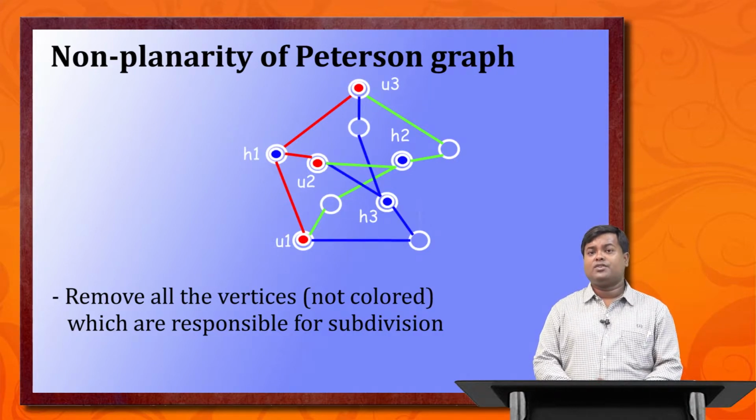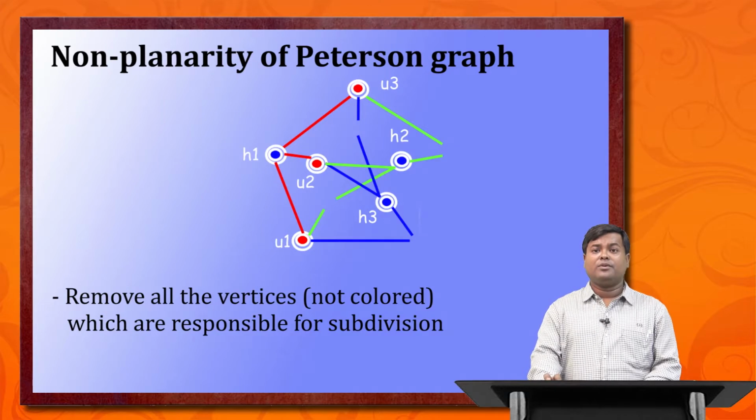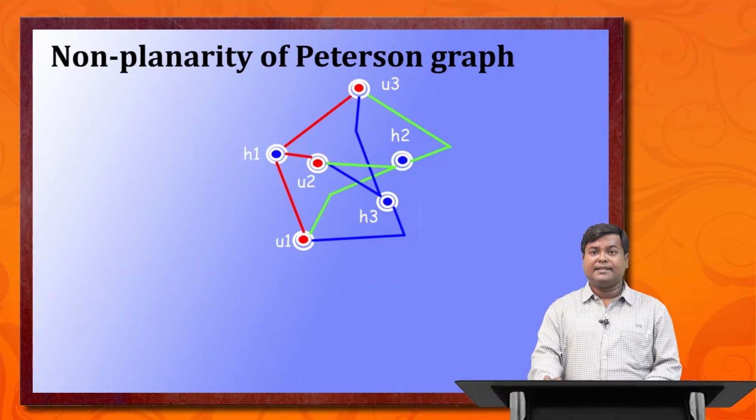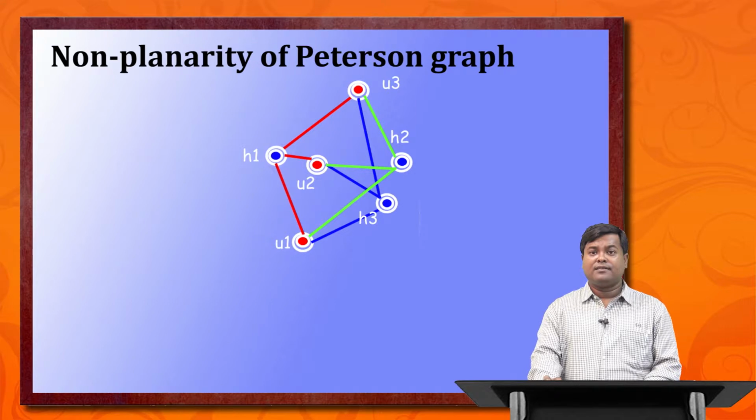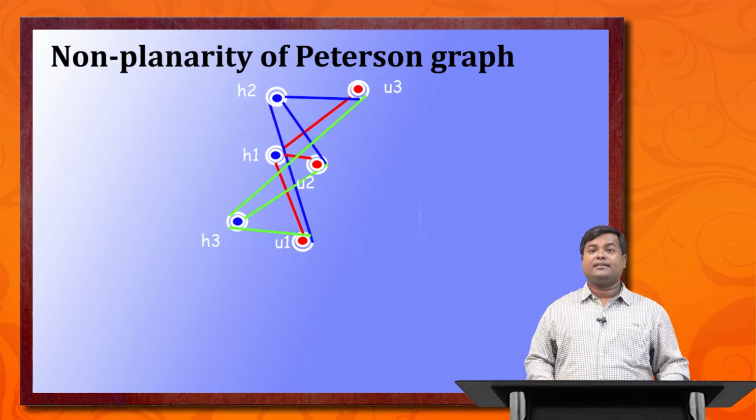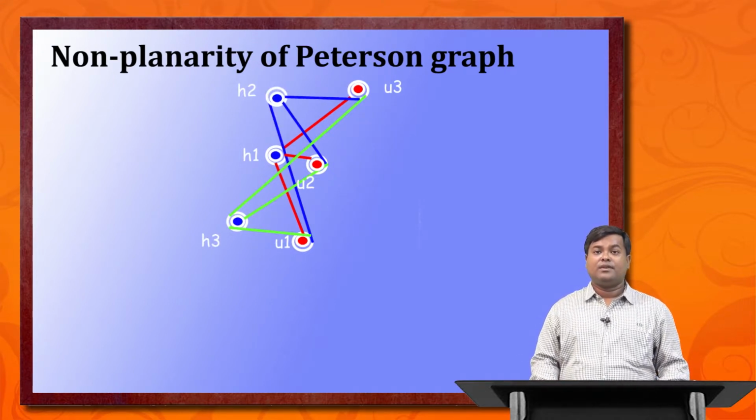As we have already shown, if we delete those subdivision vertices, it will never add any new edge crossing. So we will delete them one after another, connecting them and redrawing it. Finally we get that K33 graph.